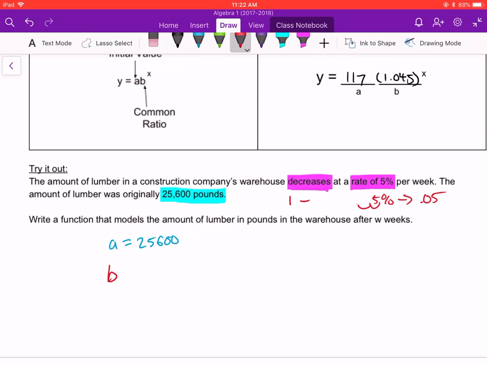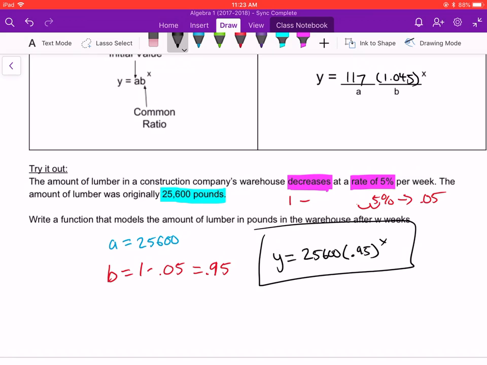So your b is going to be 1 minus 0.05, which becomes 0.95. You can plug that in the calculator to check. Now write your equation. y equals your a value, in parentheses your b value, raised to the x. So we got y equals 25,600 times, in parentheses, 0.95 raised to the x.